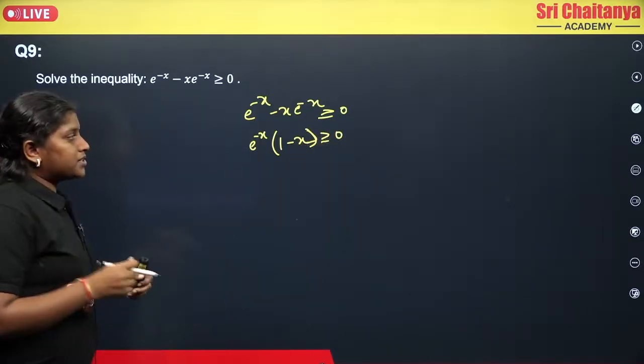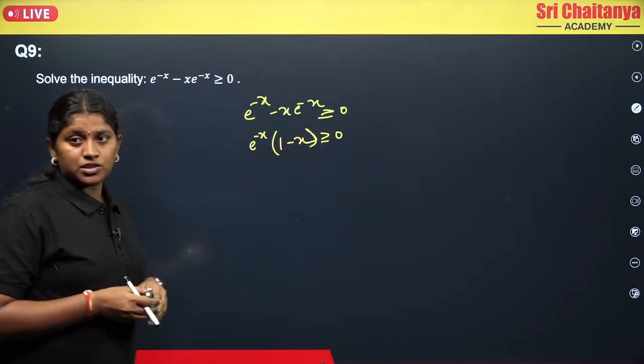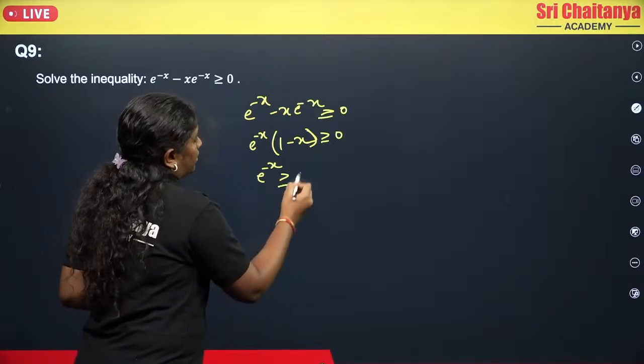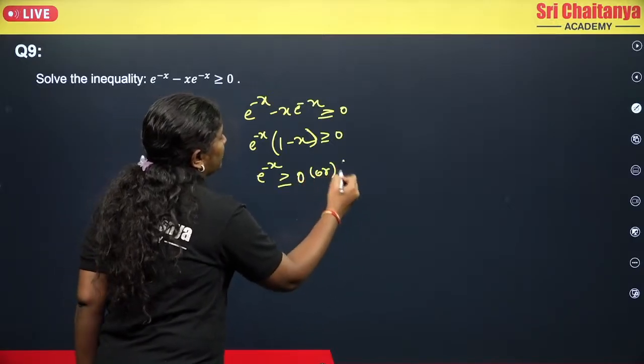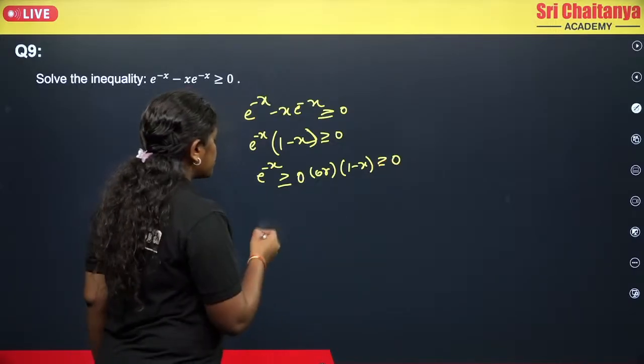Now if you observe here clearly, we will be having e to the power minus x greater than or equals to 0. So that becomes e to the power minus x or 1 minus x greater than or equals to 0. So from this what we will get?